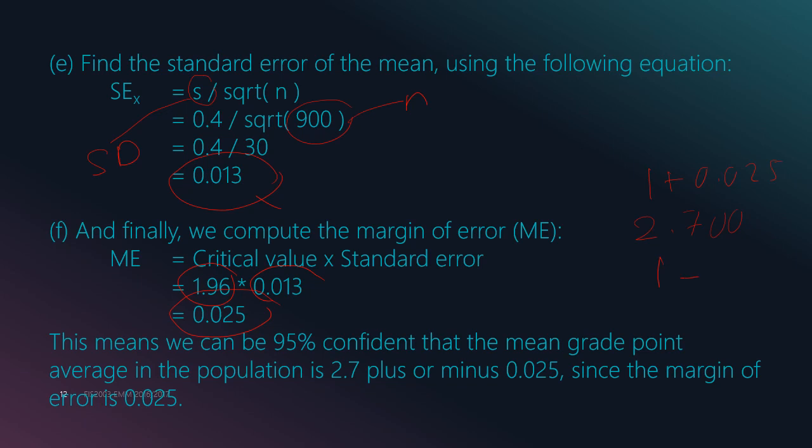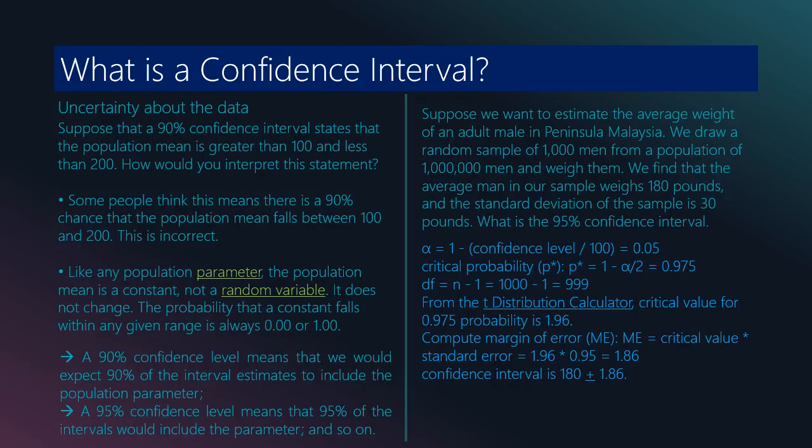Dan ni tolak 0.025. Ni range dia lah. Okey, jadi macam mana tadi dapat critical value 1.96? Okey, nanti ada jadual.